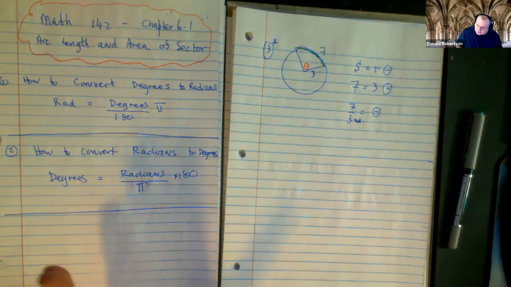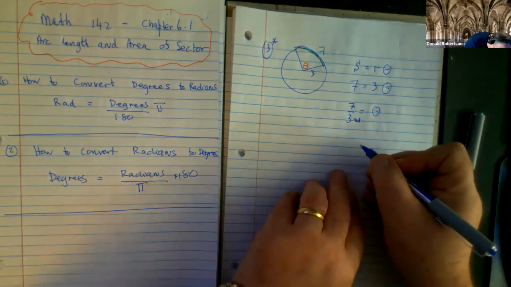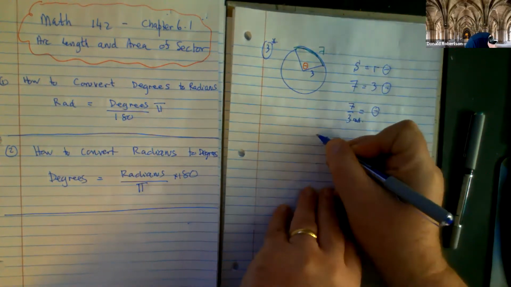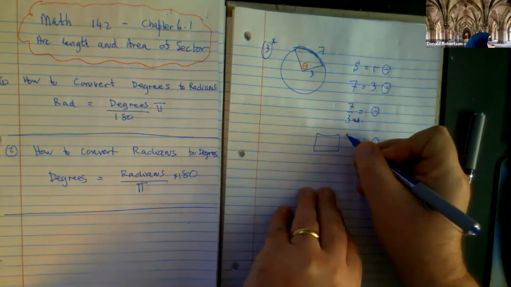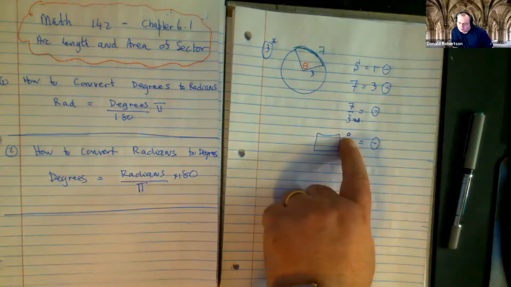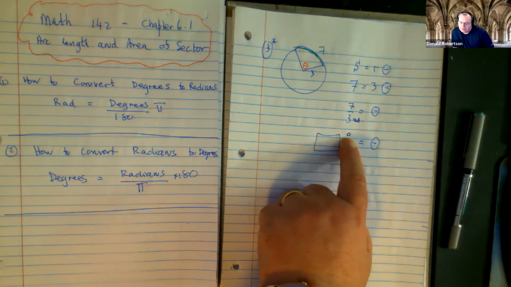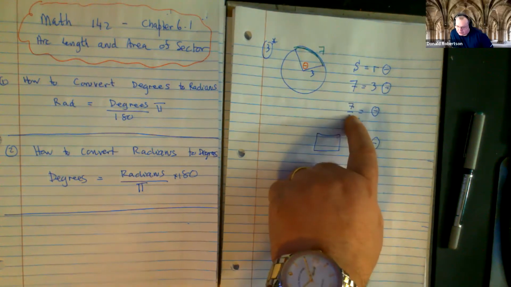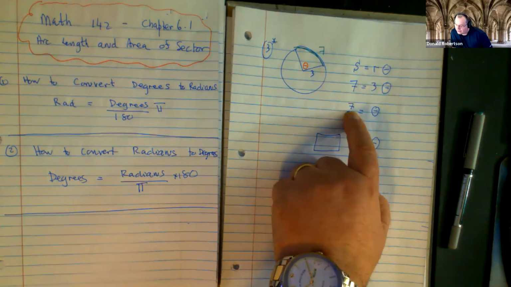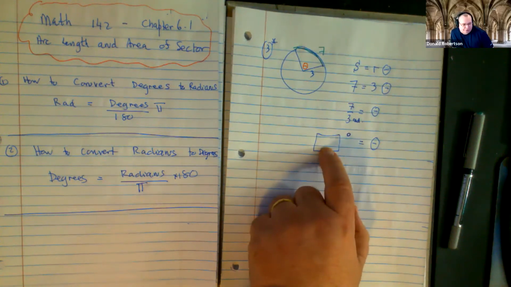Right? Pretty straightforward. Sometimes they don't want the answer in radians. They want the answer in degrees, and you won't even know it's in degrees unless they put a little box with the little degree symbol. Now, if they do that and you type this in, they will tell you you're wrong, because what you've done is given the answer as 7/3 radians, and they want degrees.